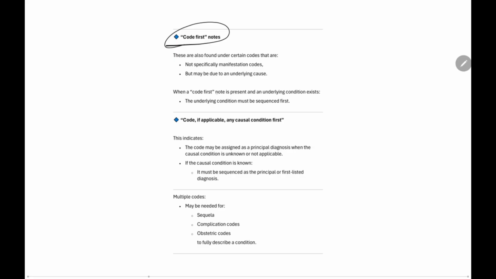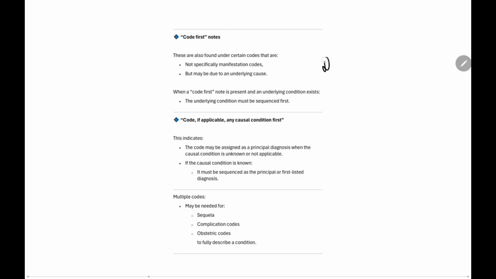When a code first note is present and an underlying condition exists, the underlying condition must be sequenced first. So here manifestation codes are not specified, but there is an underlying cause. So when you see a code first note, you will actually see the underlying condition, and that should be sequenced first.